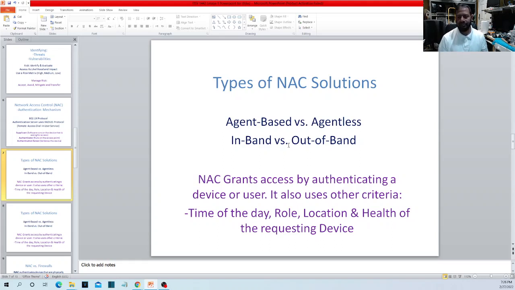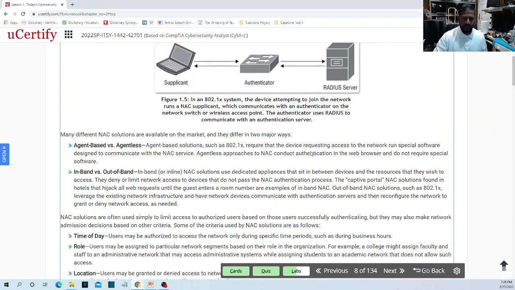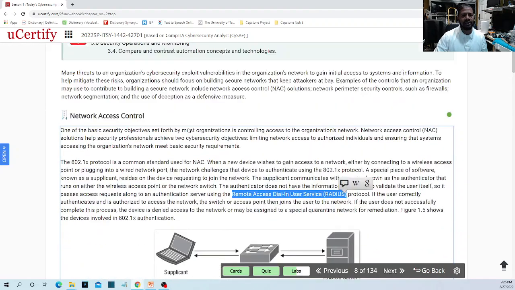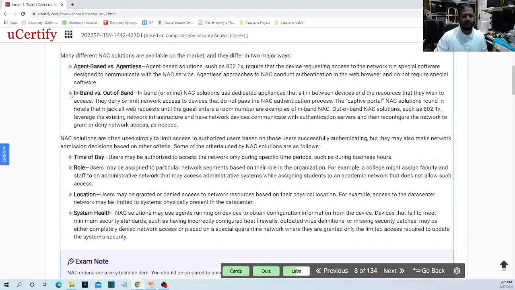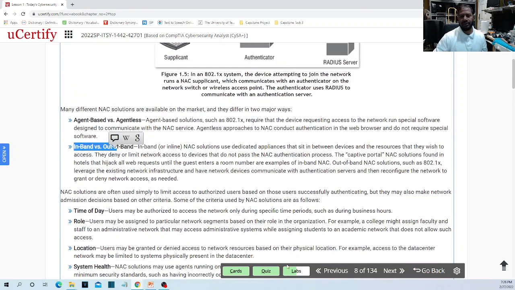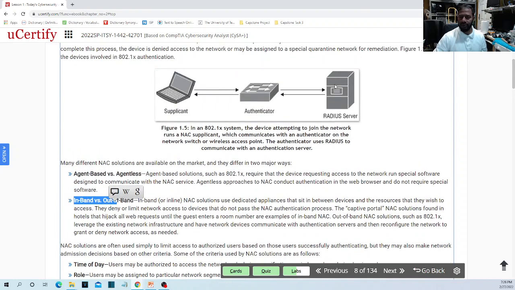The out of band, on the other hand, let's look right here in your book. Right here is in band versus out of band. An out of band solution is your 802.1X. That is out of band because there you are using a server. That is the difference. You are using a RADIUS server.